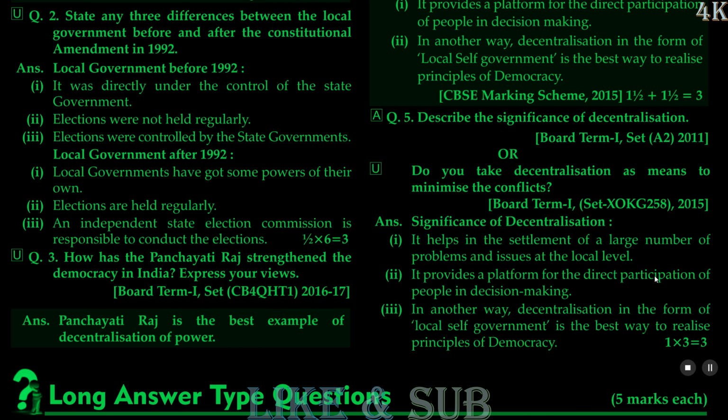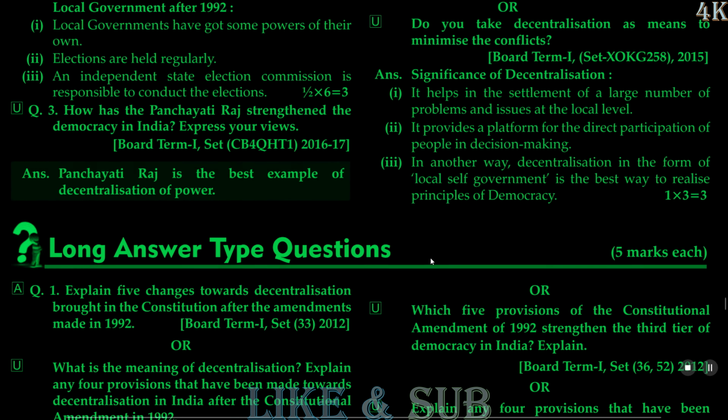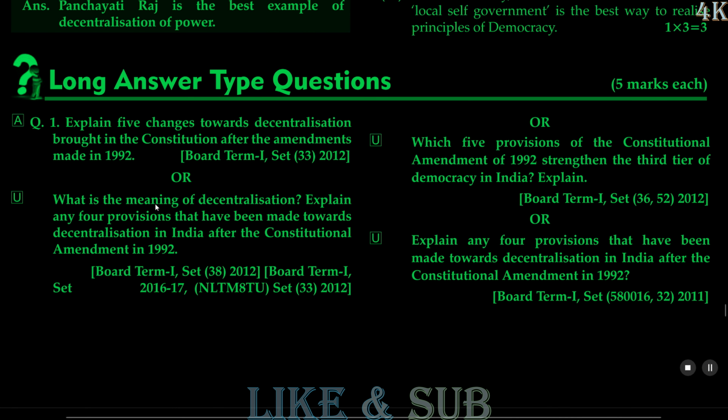It helps in the settlement of a large number of problems and issues at the local level. 2. It provides a platform for the direct participation of people in decision making. 3. In another way, decentralization in the form of local self-government is the best way to realize principles of democracy. 1 times 3 equals 3.